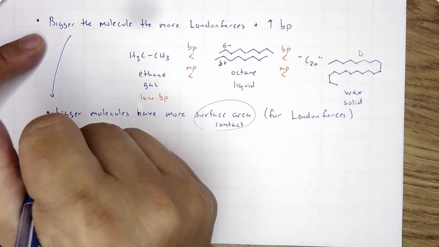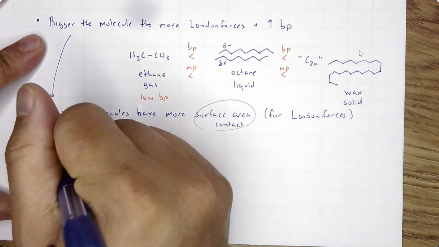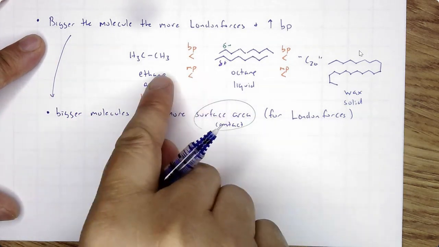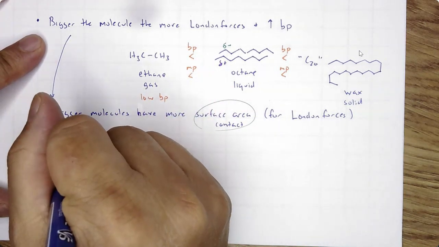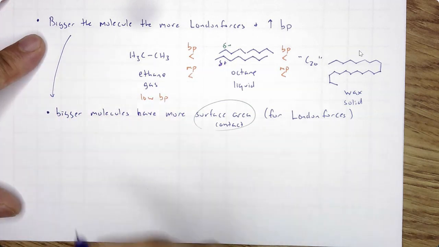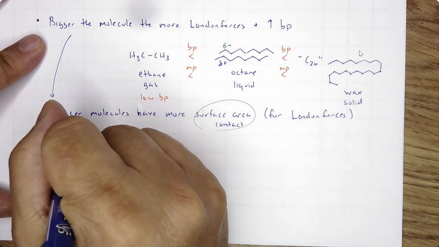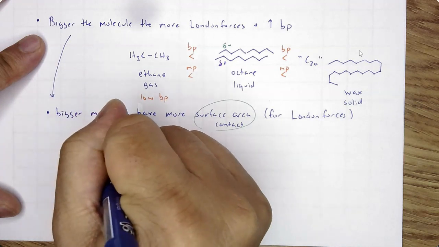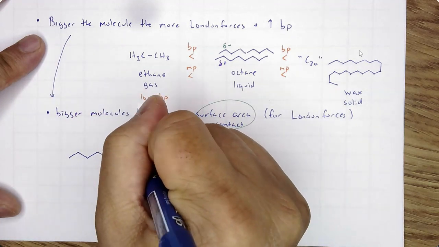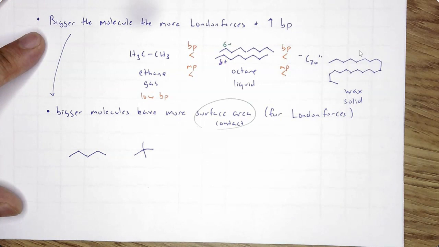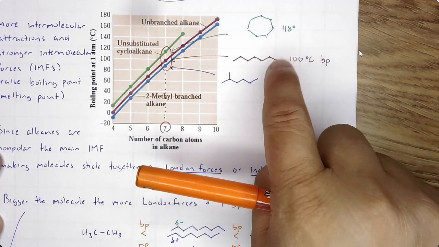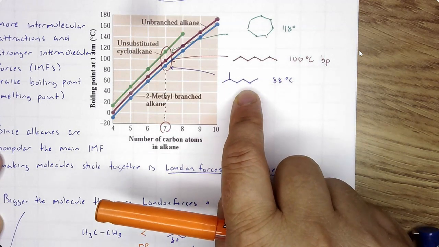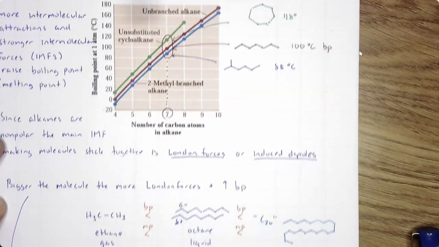So we already compared size, but what if we have 2 molecules that have the same number of carbons? One is linear, and one is branched. Okay, they both have 5 carbons. In this case, if we look at our chart, the linear has a higher boiling point than the branched. Why is that the case?